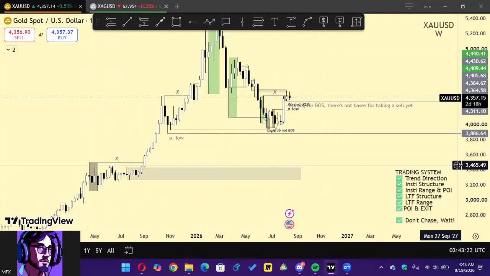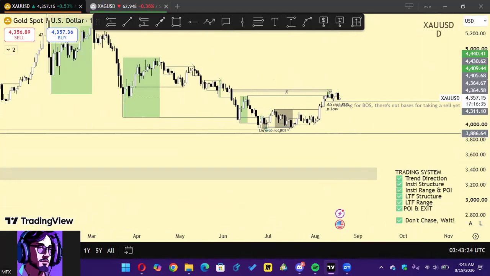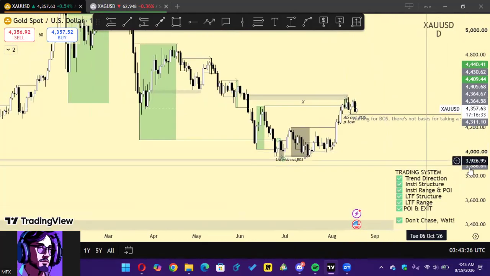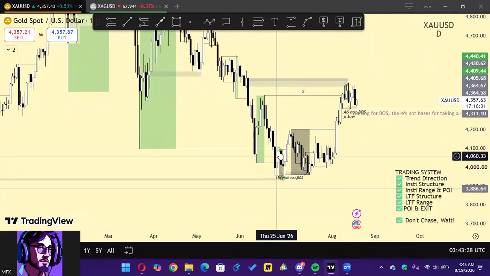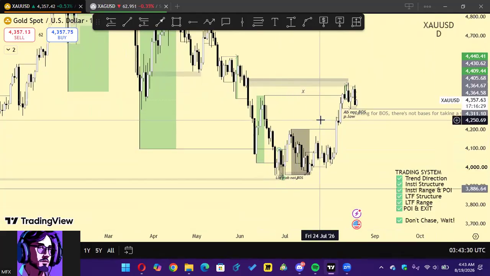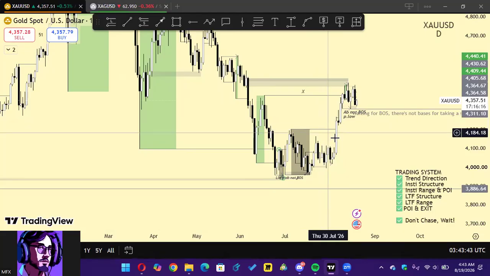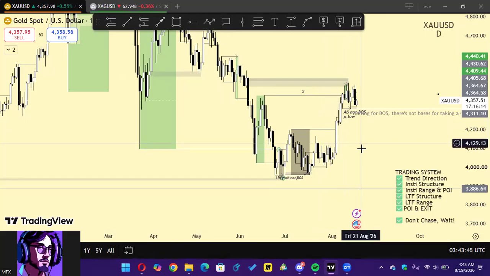But based on my daily time frame price action, you'd see that we've already had a double information to the opposite side of trend, and I told you guys, in the video concerning the four major things that cause change of trend or retracement, we talked about double information to the opposite side of trend.